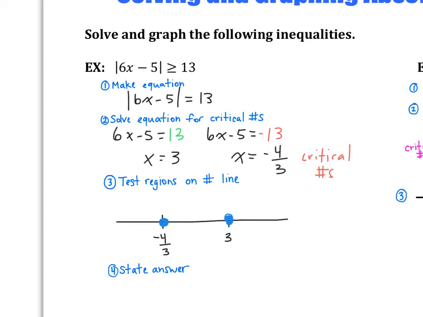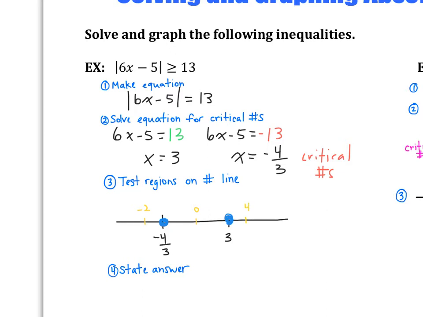I'm going to choose different values from each of these regions to test. So I'm going to test when x equals negative 2, when x equals 0, and when x equals 4.